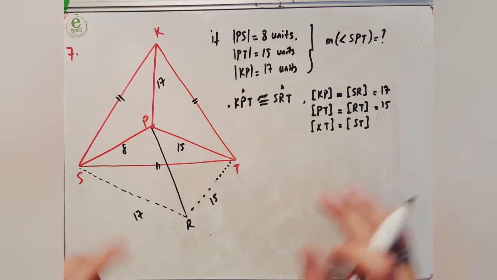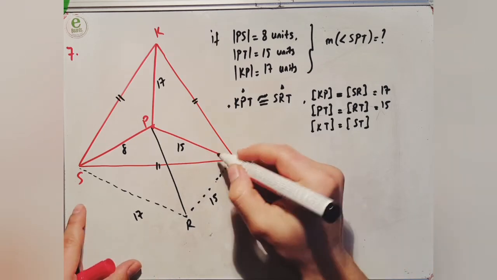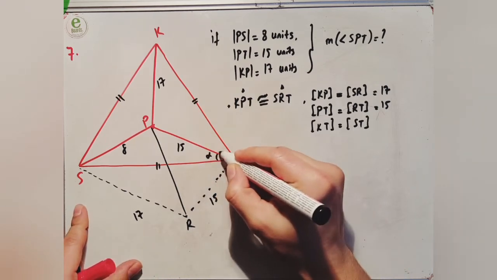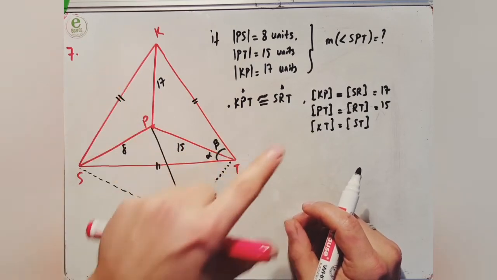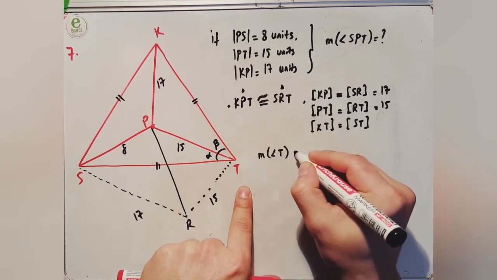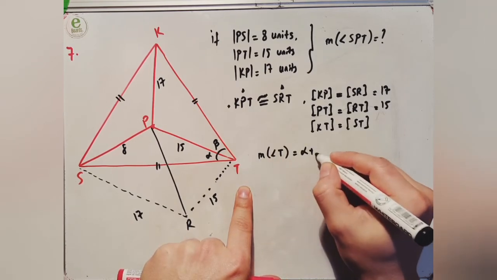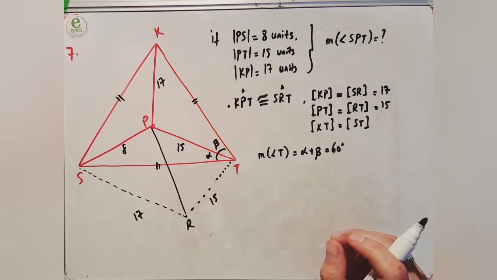Here is the length of ST. And here, if this is alpha, let's say this is beta. The triangle is equilateral, so the measure of angle T is alpha plus beta, which is equal to 60 degrees.